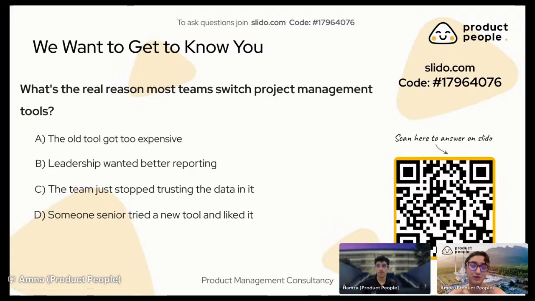So they end up needing to switch and start from scratch. This often saves them a lot in terms of costs. And well, it gets them a clean slate as well. So I suppose the third option, option C, the team just stopped trusting the data in it, might also be a little bit accurate. That being said, for the most part, I feel like it's usually a matter of expense.